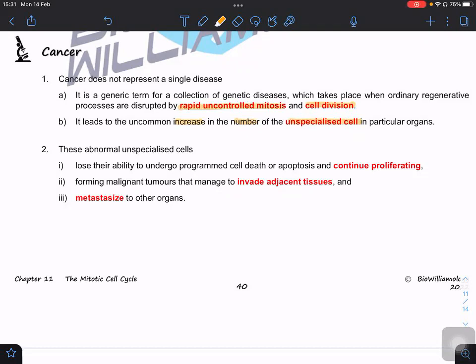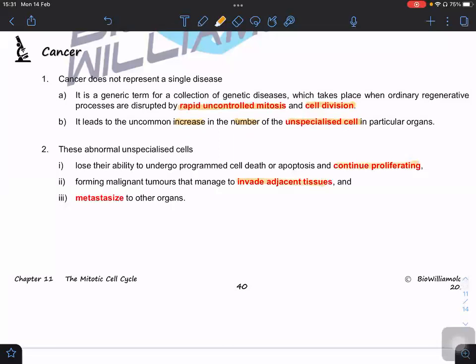They do nothing, but they absorb nutrients from the surroundings, invade the surrounding tissue and cause organ failure. These abnormal unspecialized cells lose their ability to undergo programmed self-death, or apoptosis. So they won't die and they will continue to proliferate. They form a malignant tumor that manages to invade adjacent tissues.